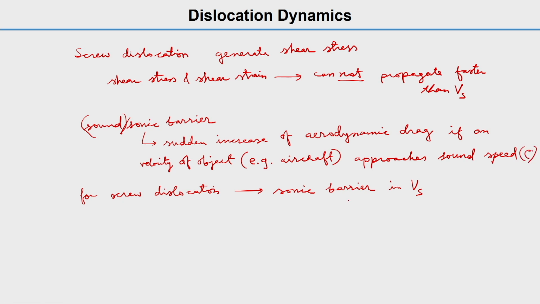Here we are saying that for a screw dislocation the limiting velocity is Vs, the elastic shear wave velocity.